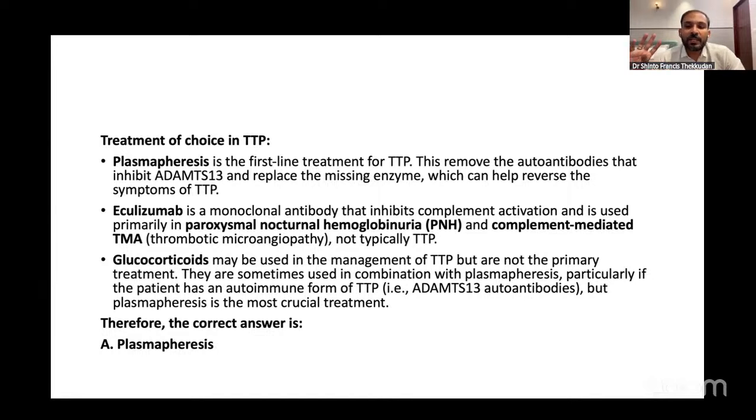Eculizumab is basically a C5 monoclonal antibody inhibiting complement activation, used in PNH and complement-mediated TMA, but not for the other TTPs, though it can be taken as second line. Steroids, as I said, are not for primary treatment. Combination, yes, there can be, in a refractory case. But most likely the crucial treatment option would be plasmapheresis.